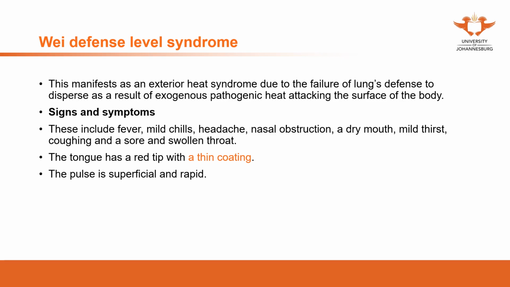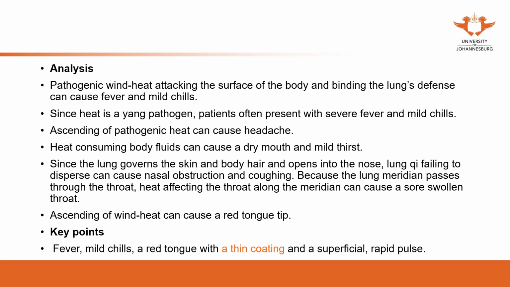The Wei level is also superficial and mild. The pulse is floating, superficial, and rapid. Rapid is because of the heat. So these are the analysis of these manifestations. The key points are the red tongue, especially the red tip with a thin coating, and the floating, rapid pulse.